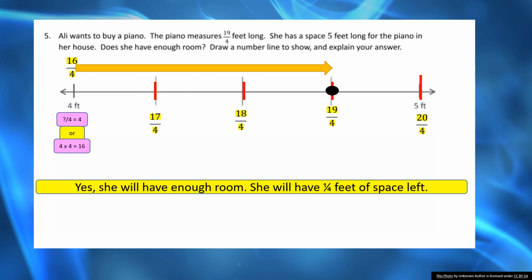Does she have enough room? It's only taken up to that 19/4 line, so yes, she has enough room. We drew a number line to show and explain our answer. So number 5 is now complete. If you need to, pause your video right now to make sure that your paper matches my screen.